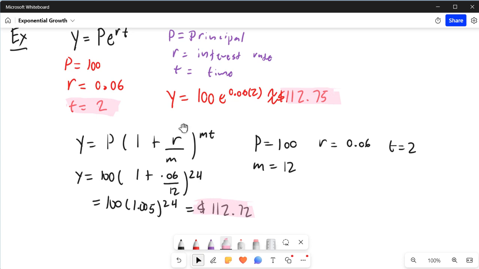Either way, for us, I think we're more interested in population growth, or the finance side of the exponential function, where we're looking at the growth of something.